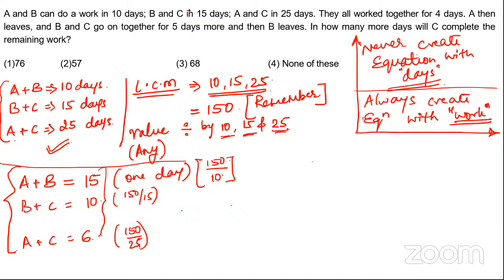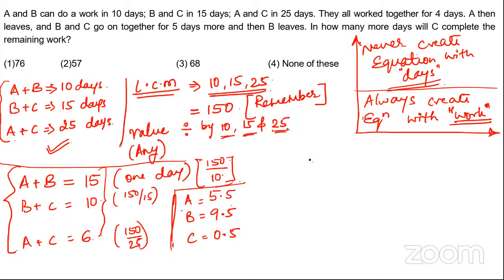So A is 5.5, B is 9.5, and C is 0.5. 11 by 2, yes, sir. हाँ रफिया क्या बोले? A is 11 by 2 and B is 19 by 2. Okay, A is the same thing, 5.5. B is 9.5, 19 by 2, and C is 0.5.